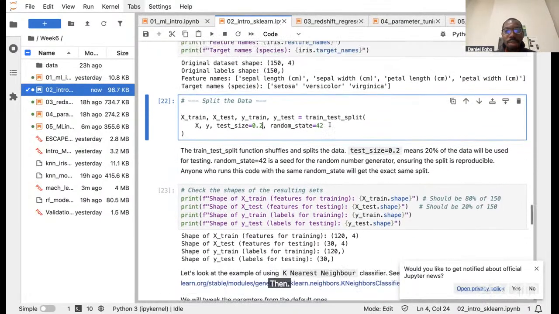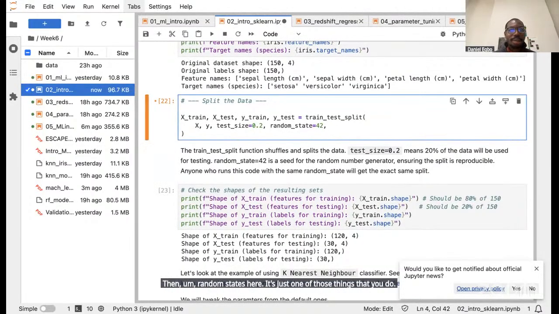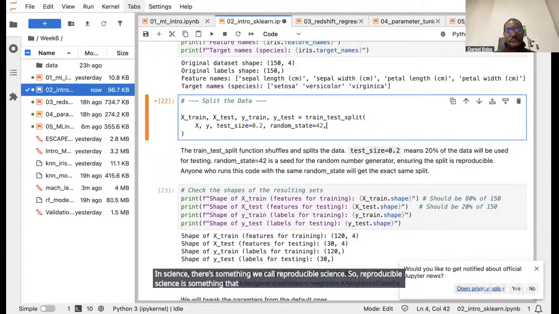Then random state here is just one of those things that you do. In science, there's something we call reproducible science. Reproducible science is something you do in the process of your experimentation, or some of the guidelines that you follow, such that someone else can follow exactly what you have done and achieve the same result.